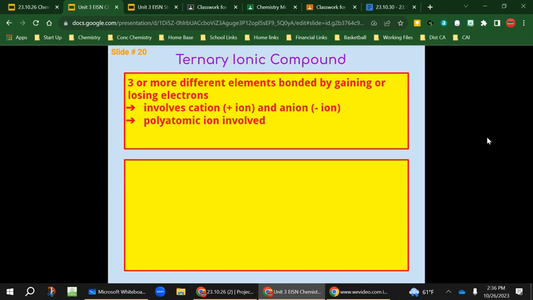What's parentheses CN? Okay, some of them do have parentheses in them. And we are going to have to use parentheses sometimes with polyatomic ions. The reason you use parentheses, why would you put something in parentheses in math and then put a number in front? So like 3 parentheses x plus y. So that you can distribute it.